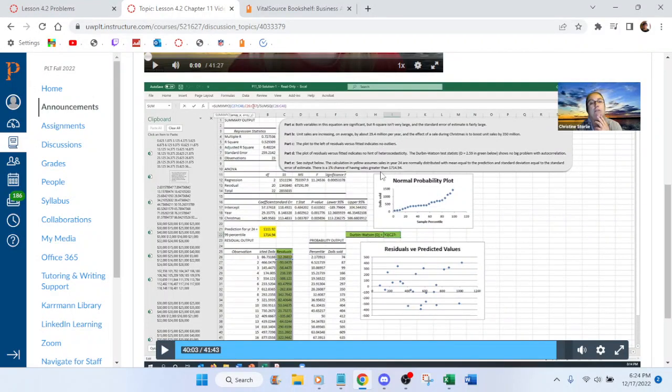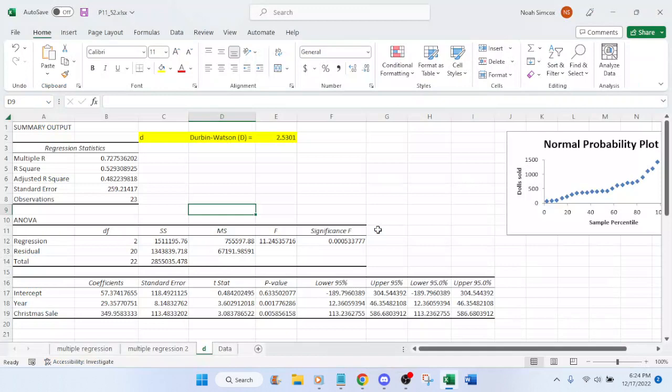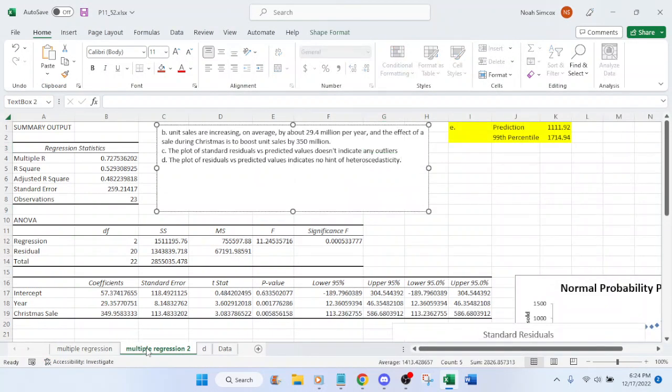The plot. Durbin Watson. Okay, actually. C, D, tab for Durbin. That was funny.